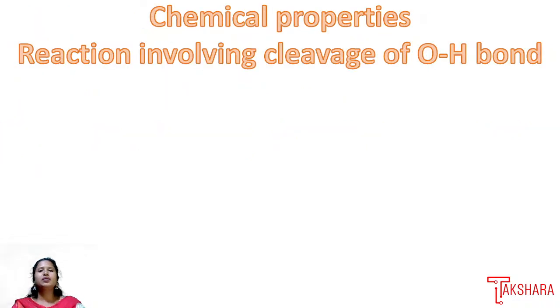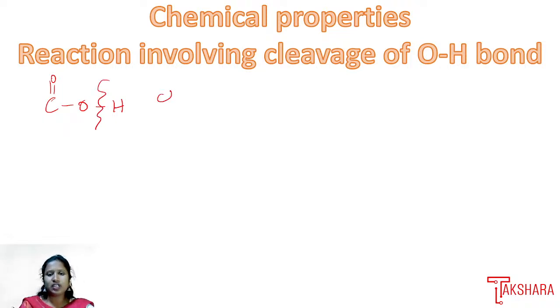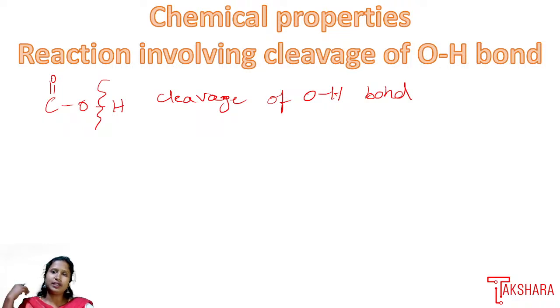Next we have chemical properties, reactions involving cleavage of the OH bond. We have the general formula C double bond OH. The cleavage takes place between O and H, and through the cleavage of the O-H bond a few chemical reactions take place.